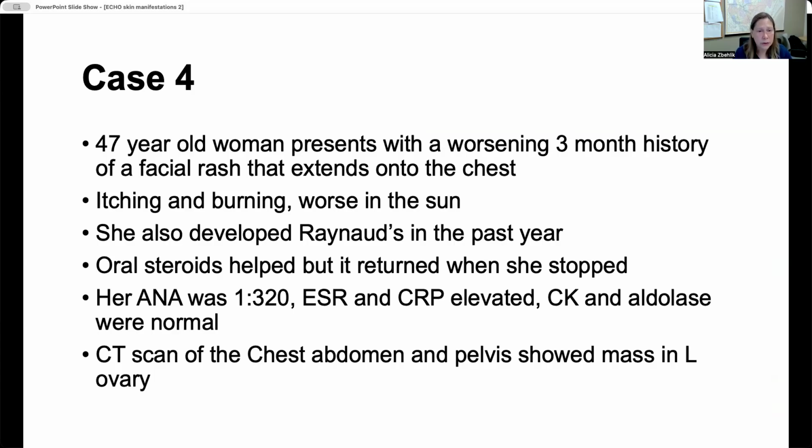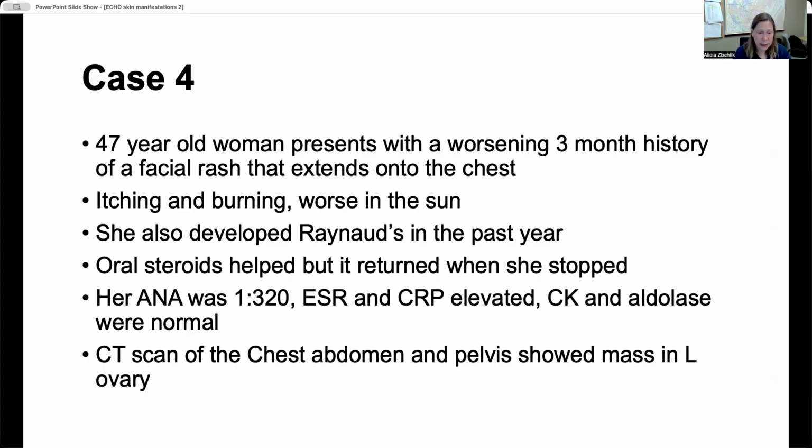So case 4. It's a 47-year-old woman with a worsening 3-month history of a facial rash that extends all the way down onto her chest, itching and burning. Again, photosensitivity, so worse in the sun. She's developed Raynaud's in the past year. Oral steroids helped, and she got a course, but her symptoms returned when she stopped the course of steroids.